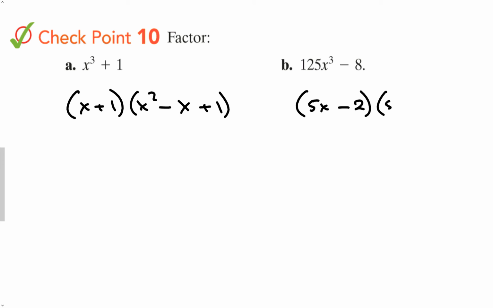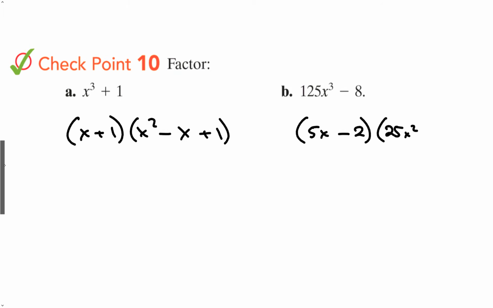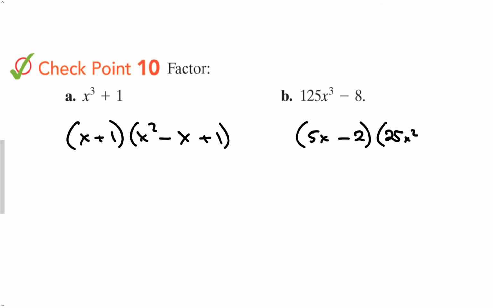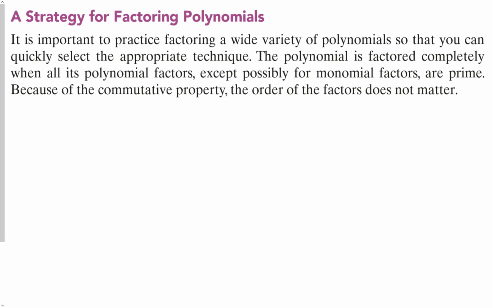Square the first term. 25x squared. Same sign, opposite sign, 10x, 5x times 2, always positive with the last term squared, with 2 squared. Okay. And that is my general technique for perfect cubes.